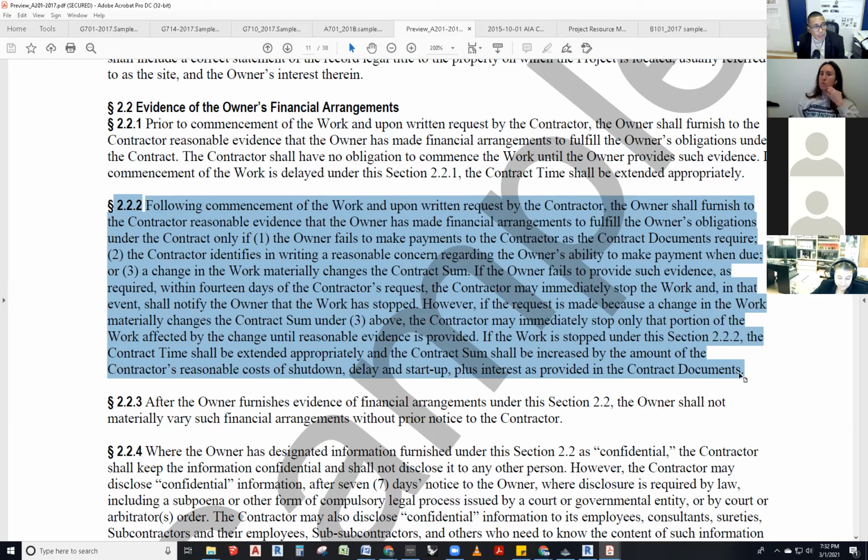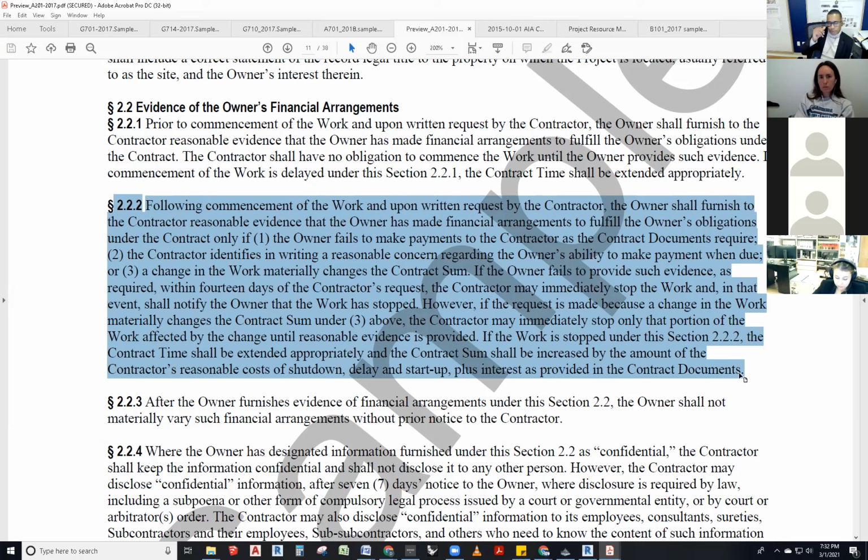Only if the owner fails to make payments to the contractor as the contract documents require, the contractor identifies in writing a reasonable concern regarding the owner's ability to make payment when due, or a change in the work materially changes the contract sum.